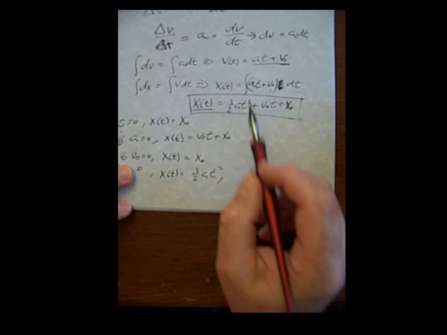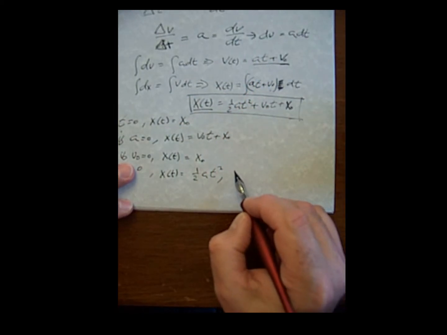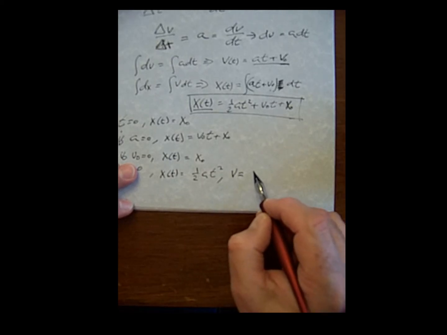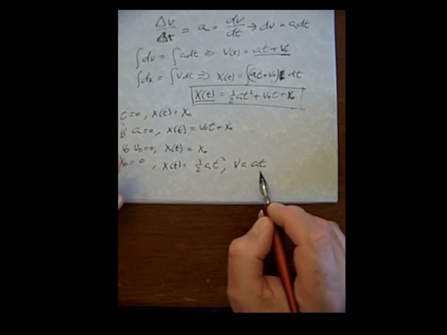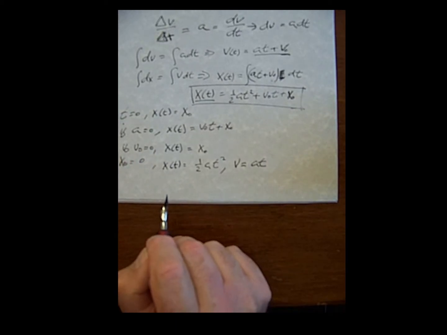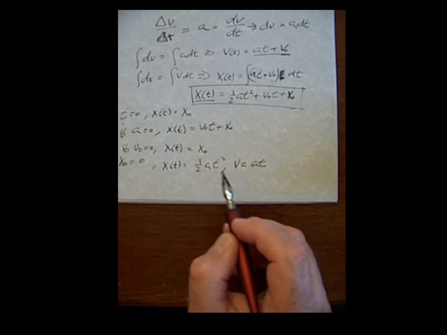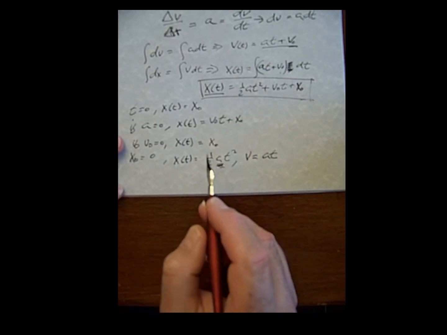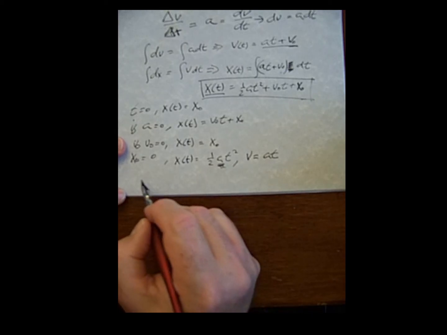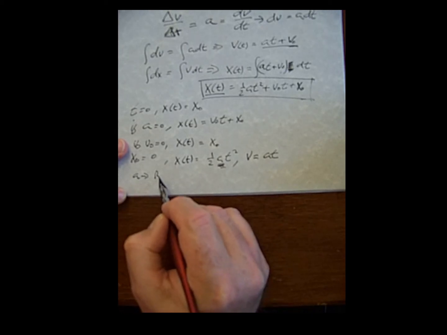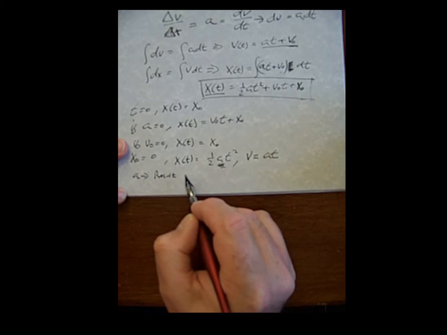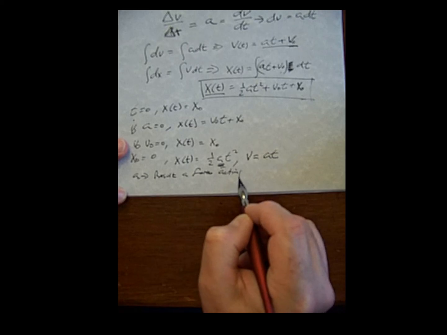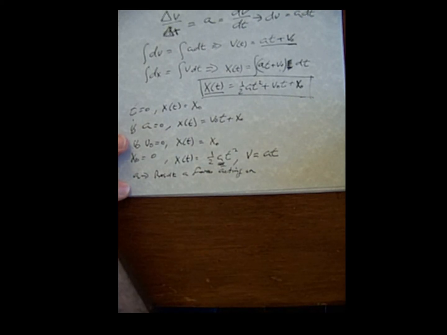We know from up here that in order to get a velocity, we also need acceleration. Velocity equals acceleration times time. Acceleration is the key here. And acceleration is nothing more than the result of a force acting on a body.